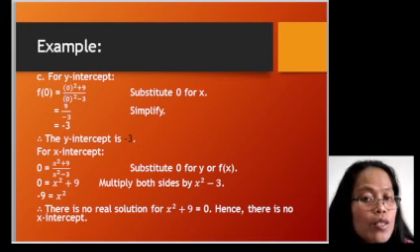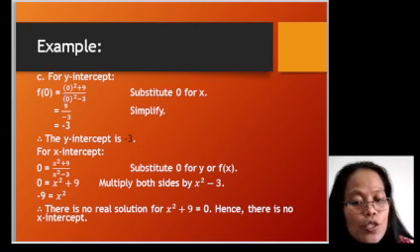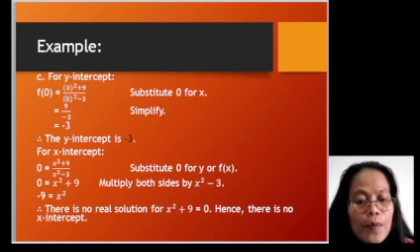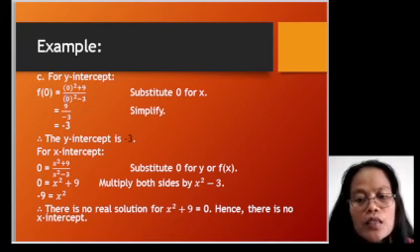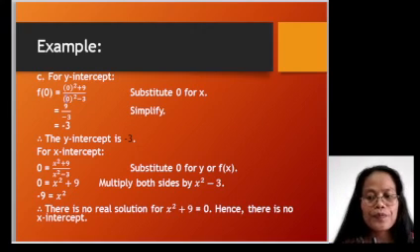Diba? Can you get the square root of a negative number? No, there is no real solution for x squared plus 9 is equal to 0. Hence, there is no x-intercept for that given rational equation.